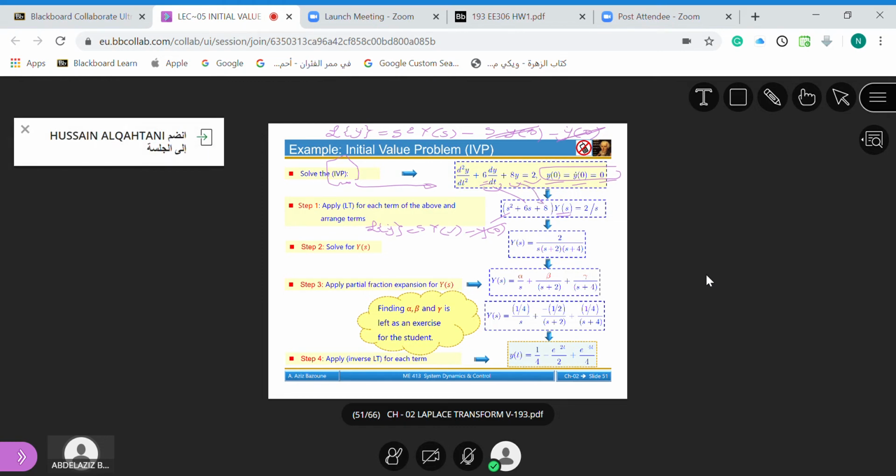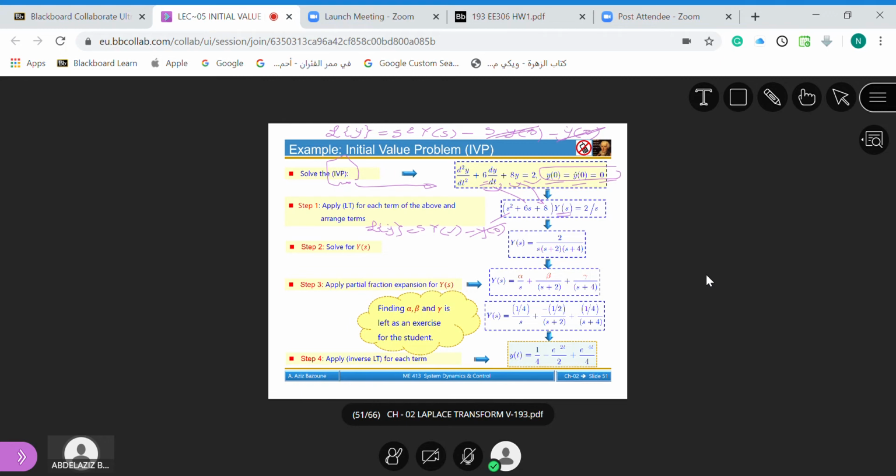So we have one equation now that has turned into an algebraic equation: s squared Y of s plus 6s Y of s plus 8 Y of s is equal to, this is 2, it's a constant, and the Laplace transform for it is 2 over s. 2 over s is the Laplace transform of 2.